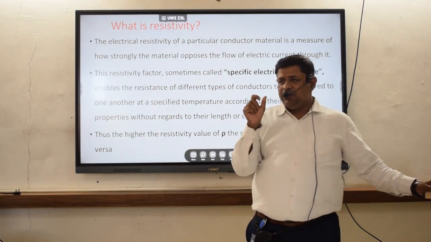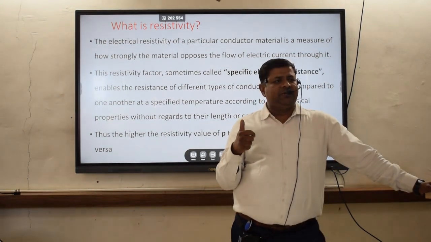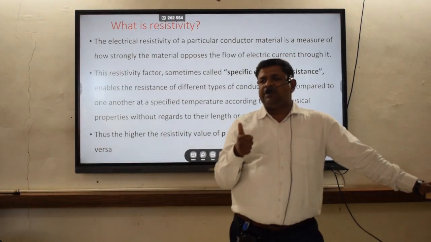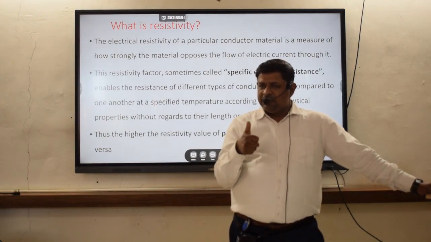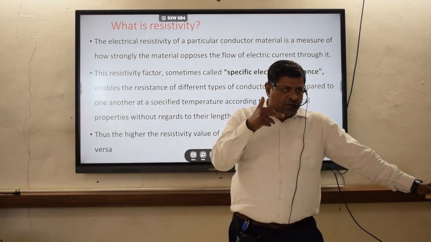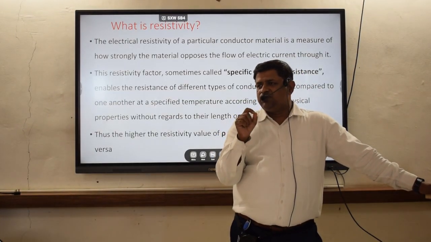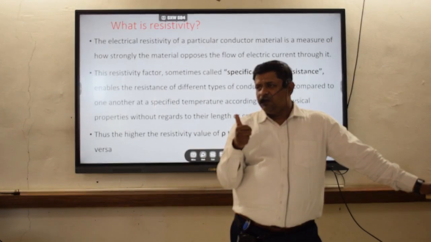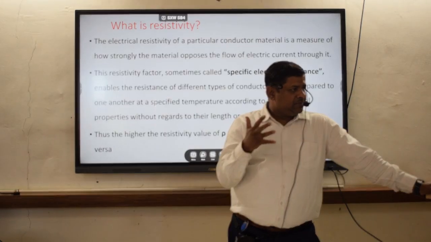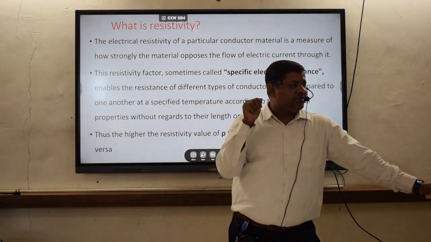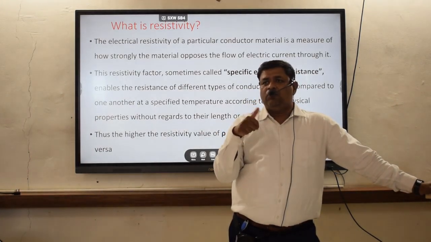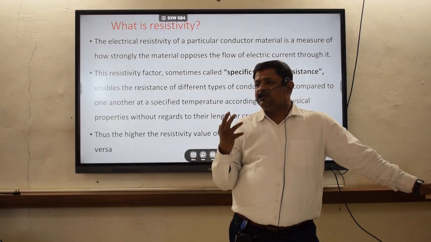Why is that? Whenever we heat any material, as far as ferrous materials are concerned, for example, if we heat AISI 1040 plain carbon steel, at room temperature it is hard, but if I heat it, it becomes soft.